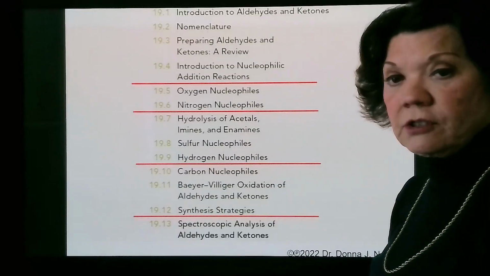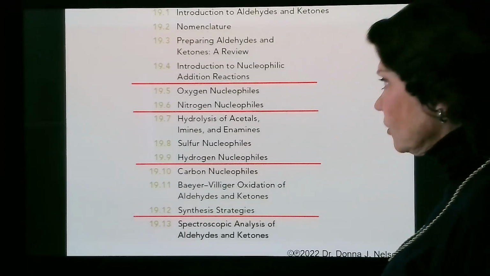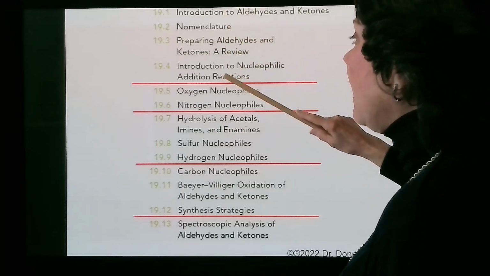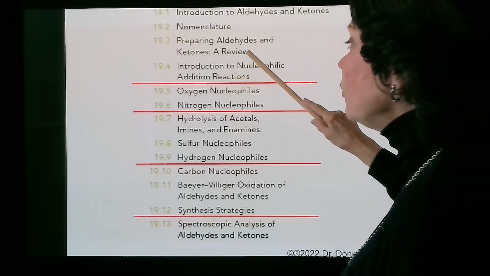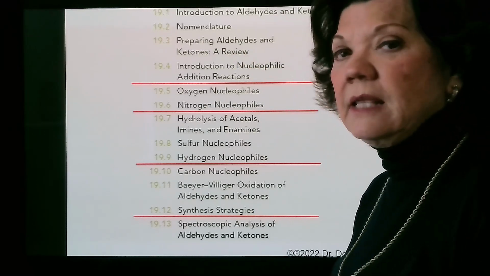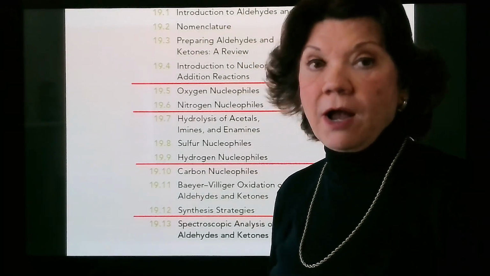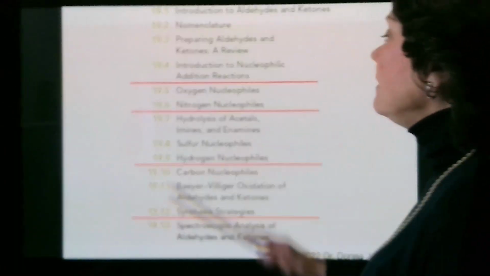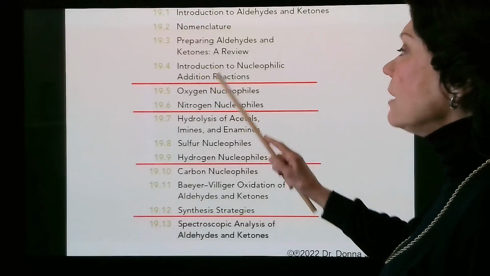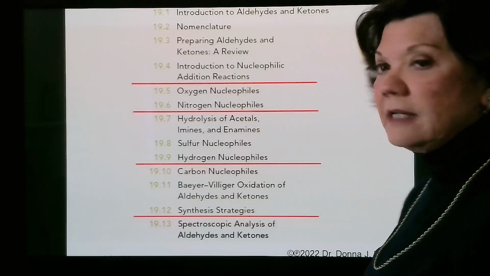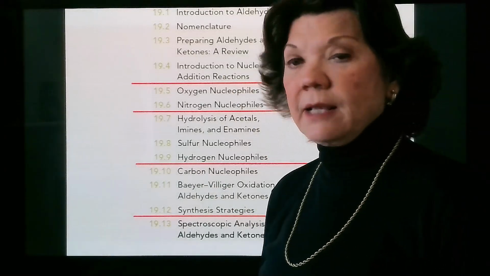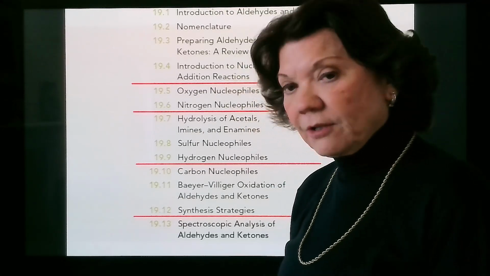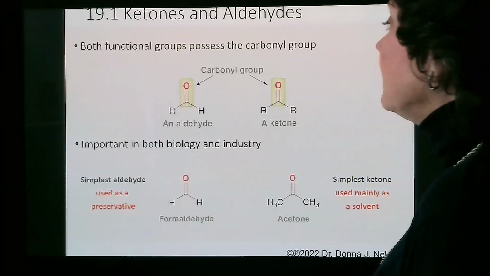The first video, this lecture, covers the introduction, nomenclature, and the preparation of aldehydes and ketones. A lot of this is going to be a review because you've had these sprinkled through earlier chapters of this textbook. And you're going to see an introduction to the nucleophilic addition reactions that take place at these carbonyl compounds. So let's go ahead and start.